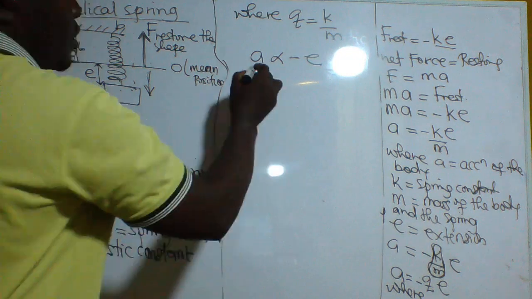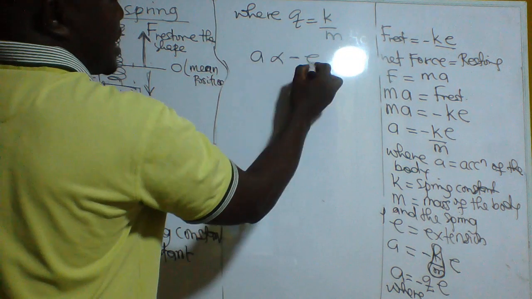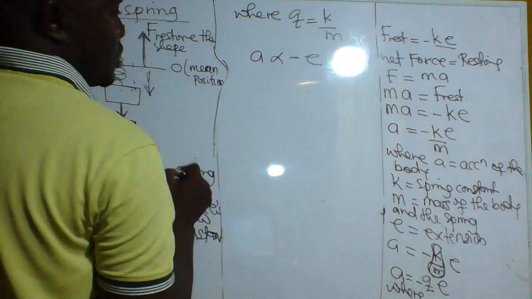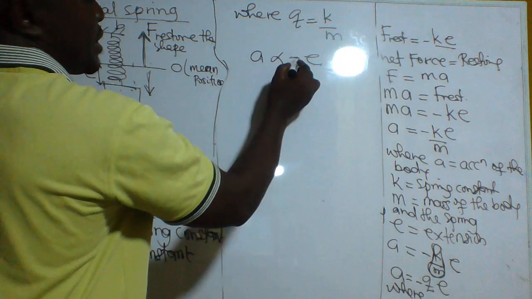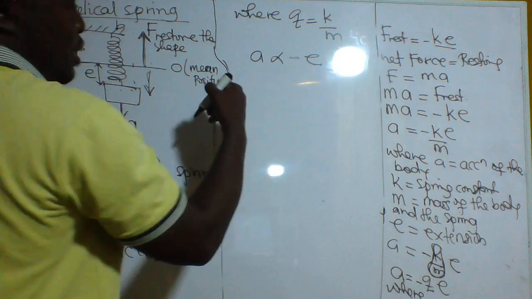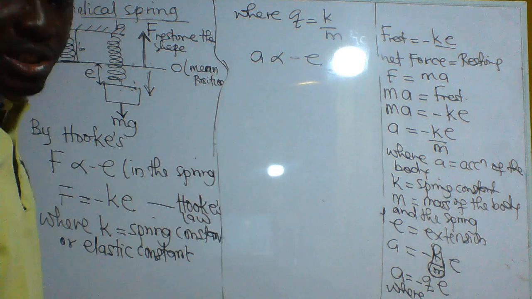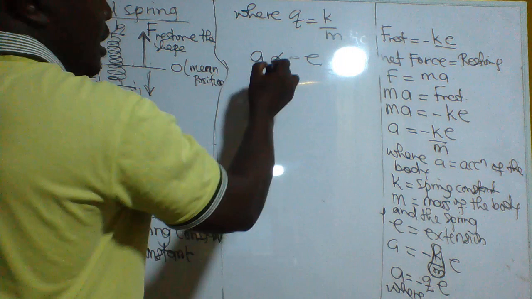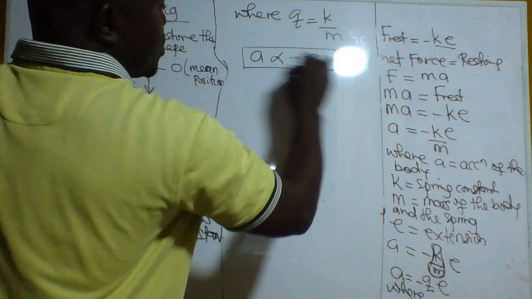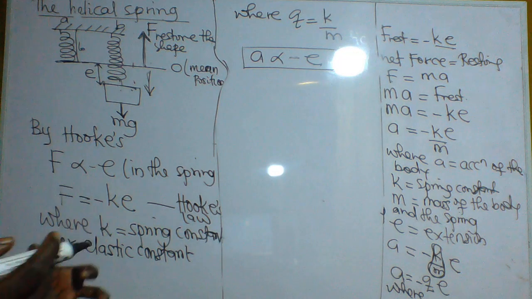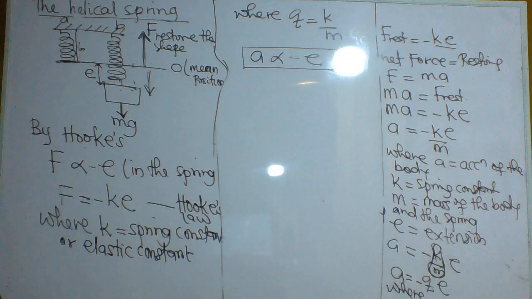Okay, as the extension increases, a also increases, and then the acceleration is always directed to the main point or the rest position, confirming a key attribute or property of a body doing SHM.